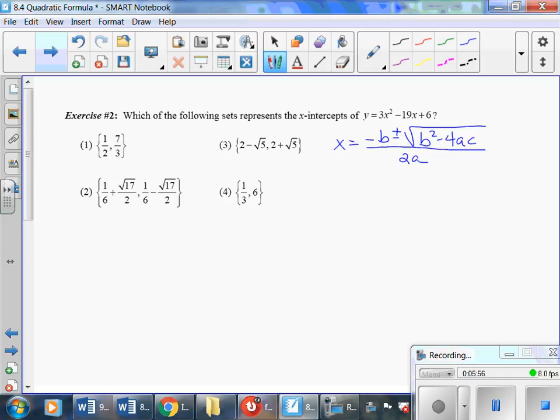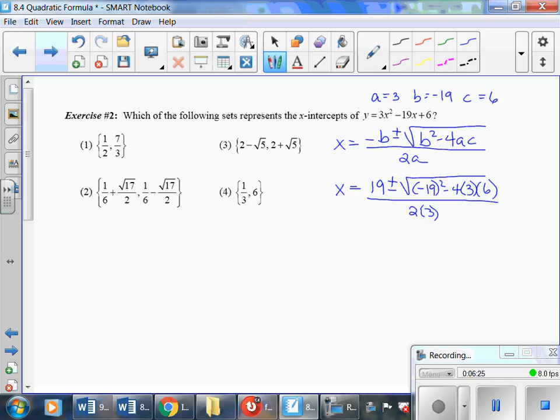So x is equal to, remember, a is 3, b is negative 19, c is 6. So x is equal to negative b, which is positive 19, plus or minus the square root of b squared minus 4 times a times c, all divided by 2 times a.